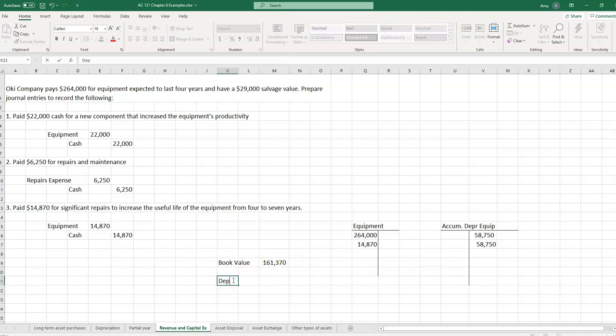So now our new depreciation expense is our book value, $161,370 minus our salvage value of $29,000, and it's divided by 5. And the reason it's divided by 5 and not 7 is because we have a 7-year total useful life and we've already depreciated 2 years. So that means we have 5 years left of its useful life. So our new yearly depreciation expense would be $26,474.